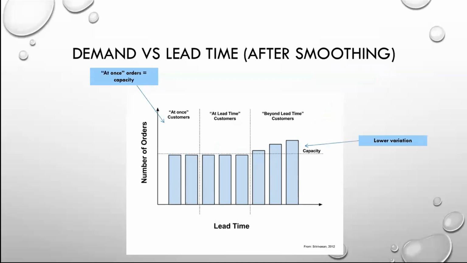Now, as I said, the idea is to move your demand throughout your lead time below your capacity line. Okay, now in this example, we still have people beyond the lead time that is still above capacity.